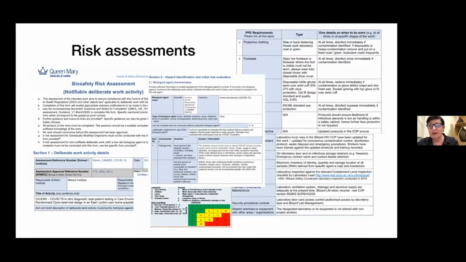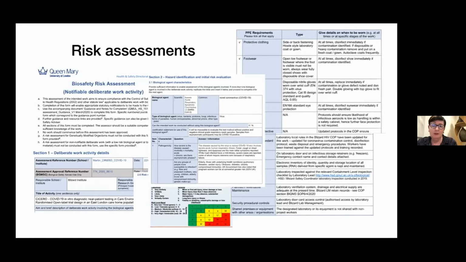And this is an example of the COVID one that I filled in. This is a COVID risk assessment that I had to fill in to do our care home trial, which had rapid testing. And that really forced me to think about who I was potentially exposing to viruses, how we were going to stop them being infected, and what controls we had in place.